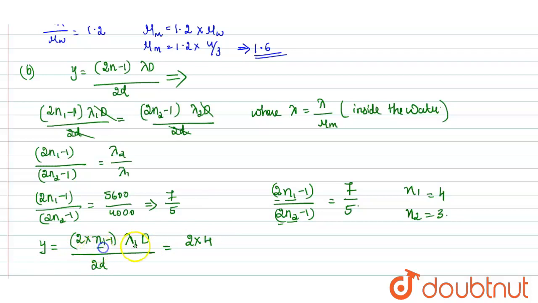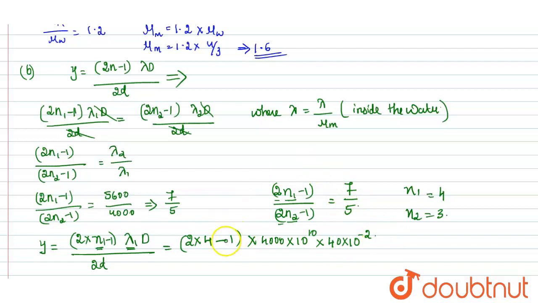If you are considering n1 here, you must consider lambda 1. If you are considering n2 here, you must consider lambda 2. Lambda 1 value is 4000 into 10 to the power minus 10, into D, 40 into 10 to the power minus 2.